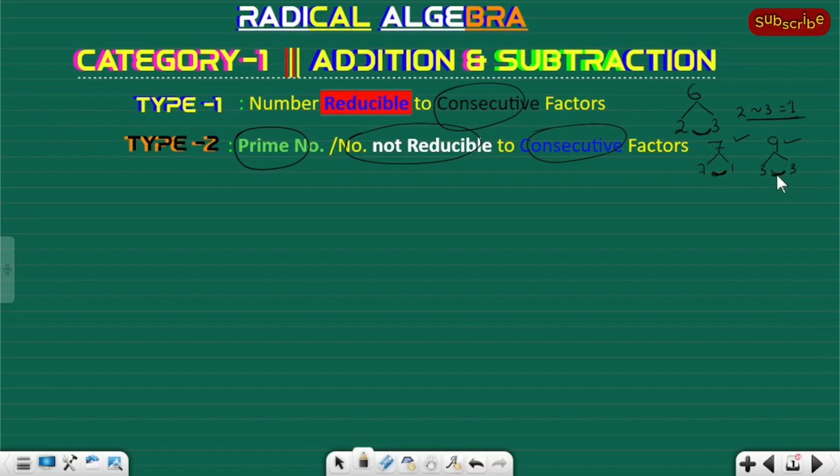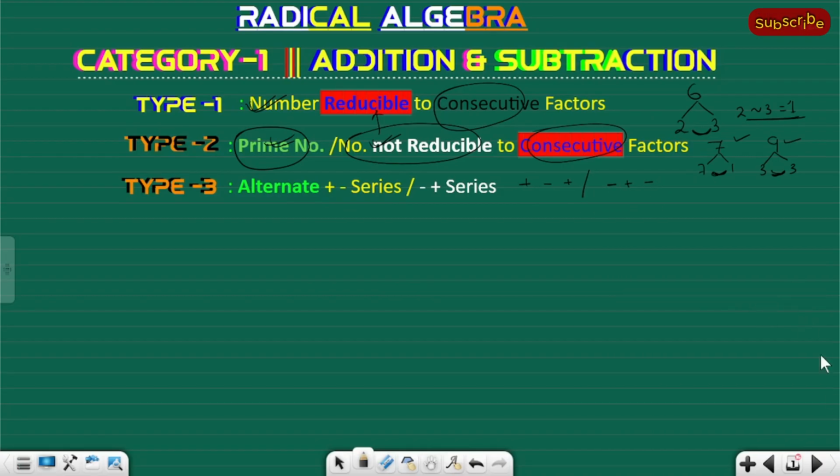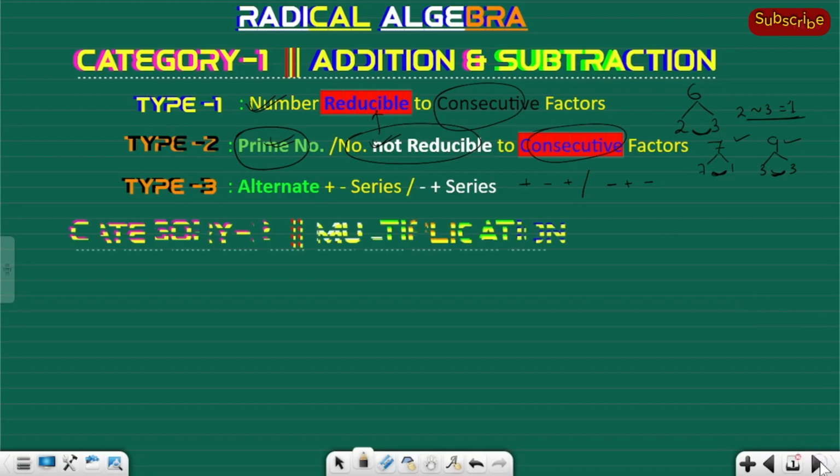These are not consecutive, same factor, right? So such numbers are not reducible to consecutive factors. We have a different method for this. And in type 3, plus minus plus, or it may start with minus plus minus. We have a different method for this.